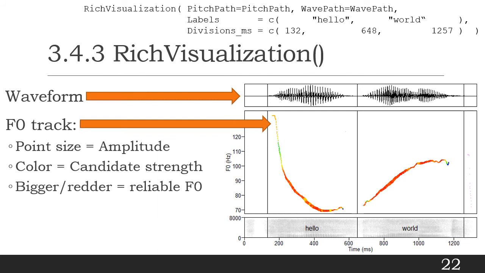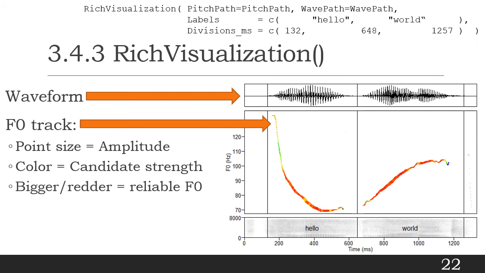And this is where the rich visualization happens because amplitude from the pitch object is mapped onto point size, and candidate strength is mapped onto color. I said that this helps you visually sort out signal and noise. The way that this works is you should look for bigger and redder points as indicators of reliable F0.